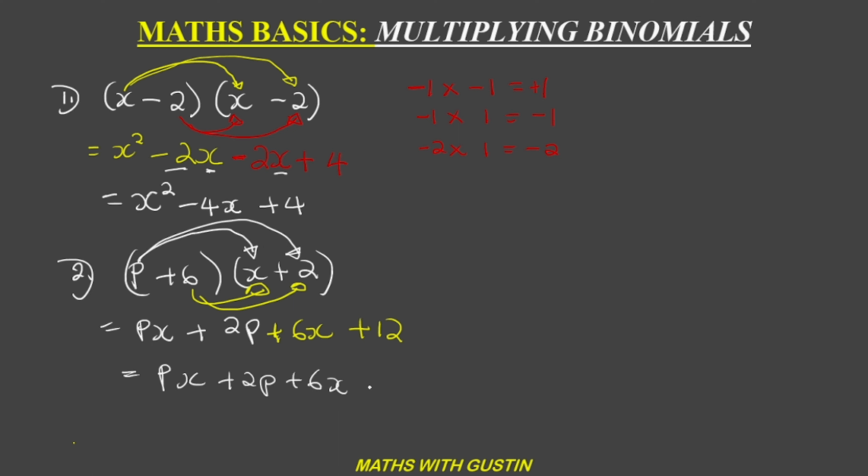There's no other x here, therefore you're just going to have plus 12, and they will remain as they are. There's nothing else that we could do to this expression. All right, let's move to more examples.